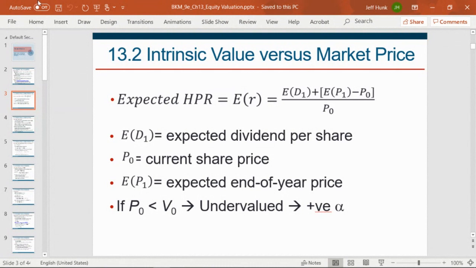In other words, income statement and balance sheet, right? Book value is very solid, based on the ground. It's footed on the ground, whereas market value is somehow floating in the air, right?